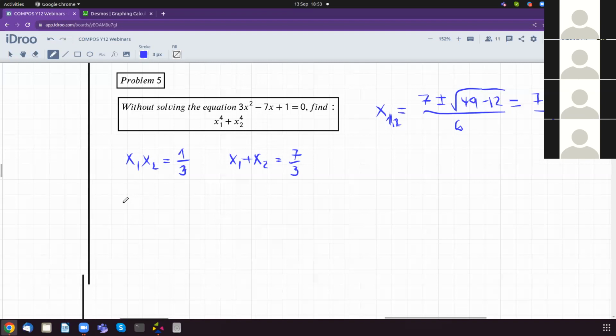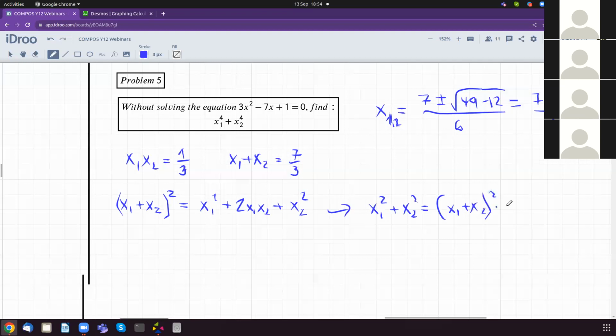Secondly, I want to find x1 plus x2 squared. Well, obviously it's going to be 49 over 9, but I'm going to do it differently. It's x1 squared plus 2x1 x2 plus x2 squared. And from here, I'm going to find x1 squared plus x2 squared, which is in fact x1 plus x2 squared minus 2x1 x2.